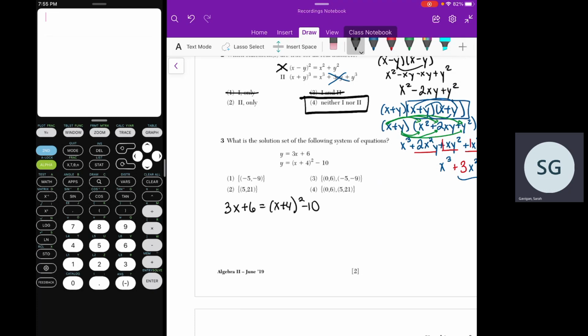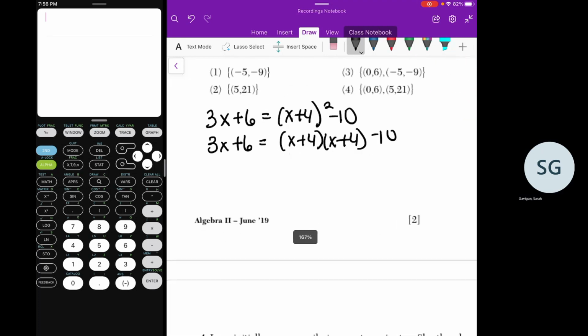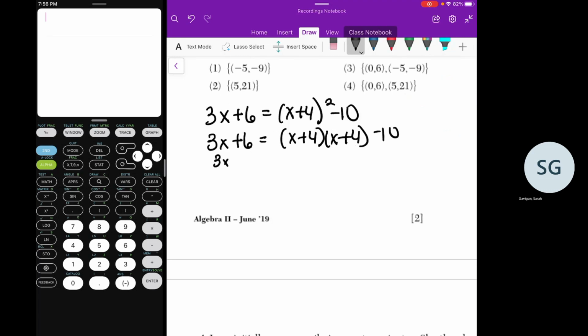This is going to be the longer way to solve it. Again, we're going to have to write this out twice and double distribute. So that'll be x squared plus 4x plus 4x is plus 8x.